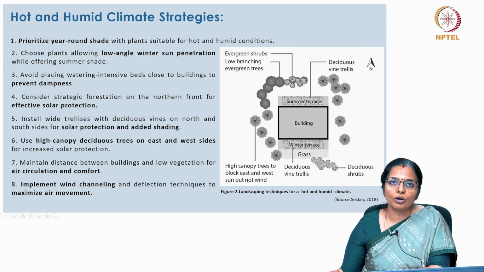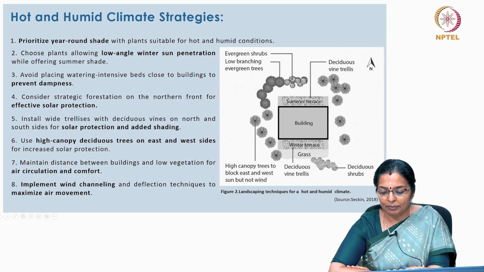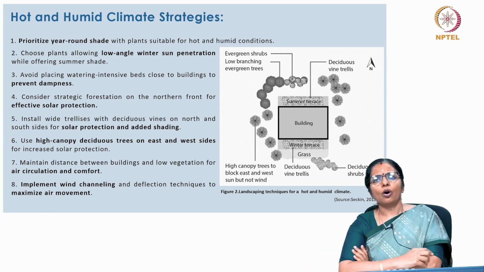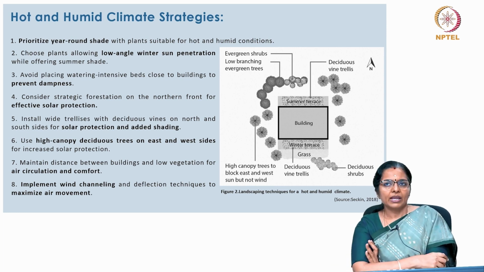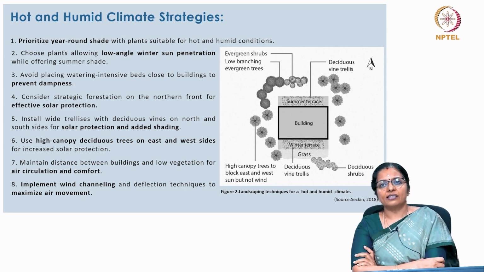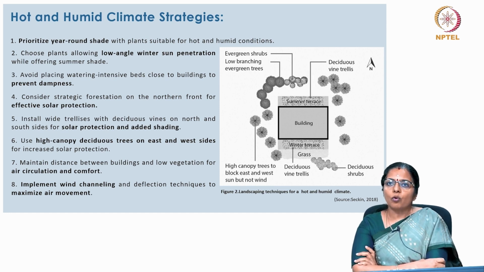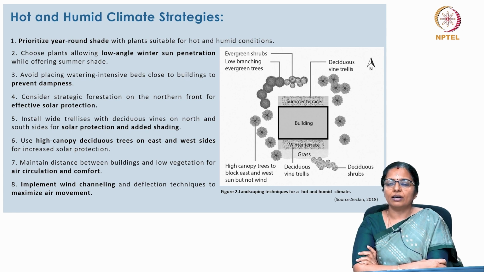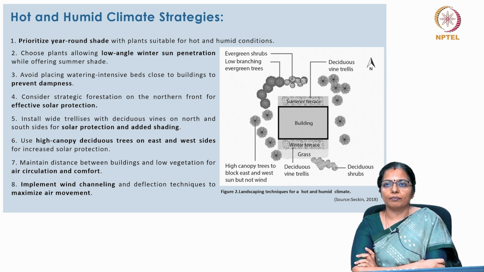Now we move on to the hot and humid climate strategies. In hot and humid climate, key strategies include selecting plants for low angle winter sun penetration and summer shade, avoiding dampness by placing planting beds strategically, and considering forestation on the northern front for solar protection.